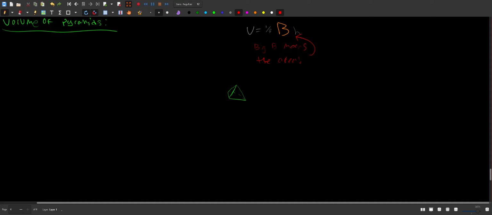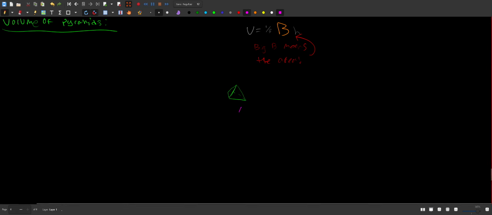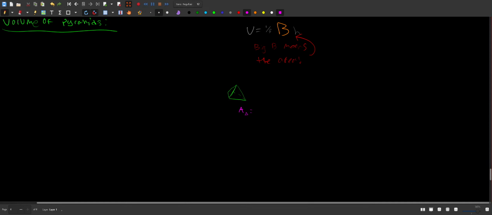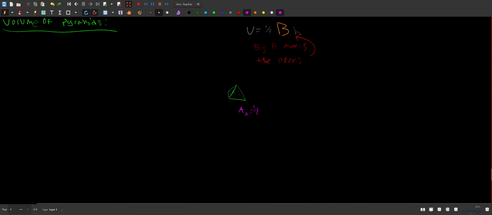So, how do we find the area of the triangle? Well, the area of the triangle is equal to 1/2 base times height.